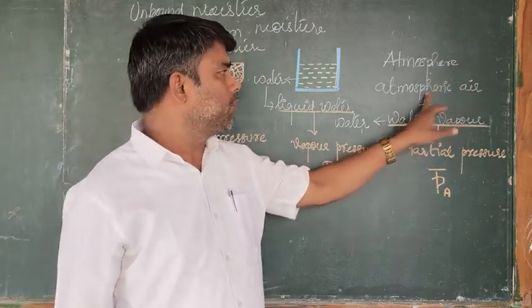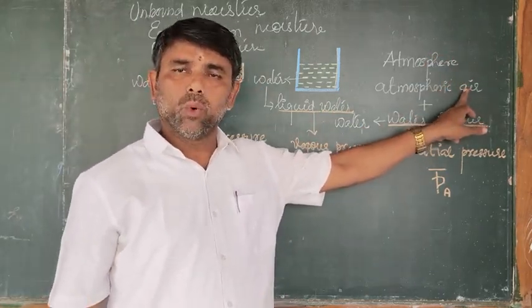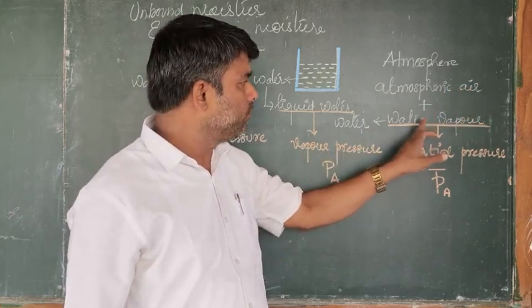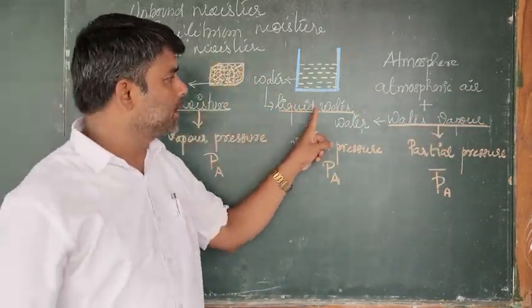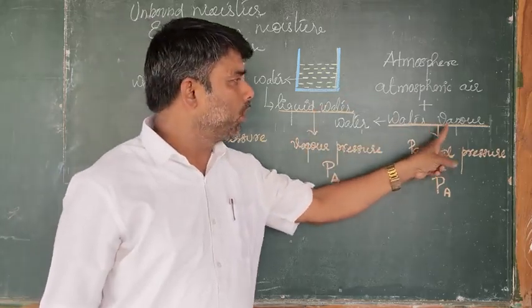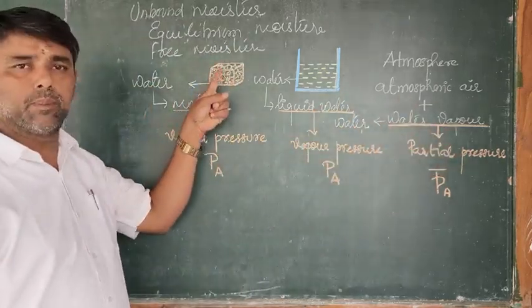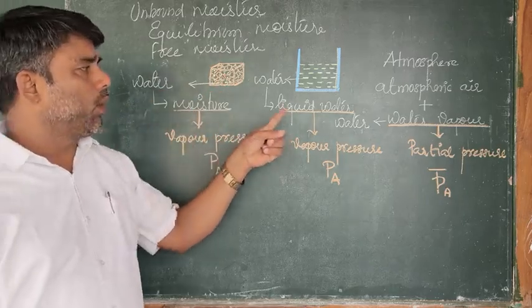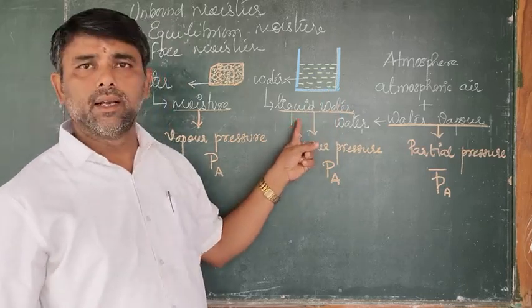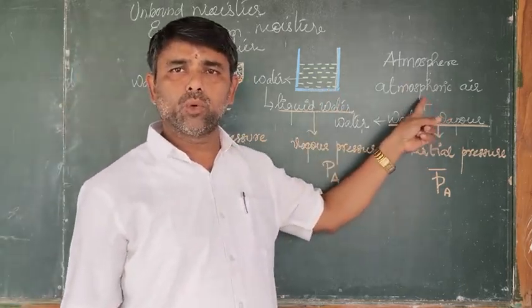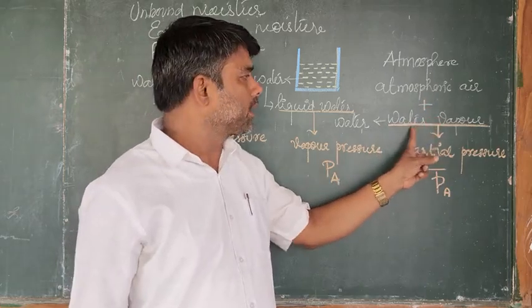This contains atmospheric air with water. This water is called water vapor. So one is moisture, another one is liquid water, one more is water vapor. Water present in the brick is called moisture. Water present in the glass is called liquid water. Atmospheric air contains a certain amount of water. It is termed as water vapor.